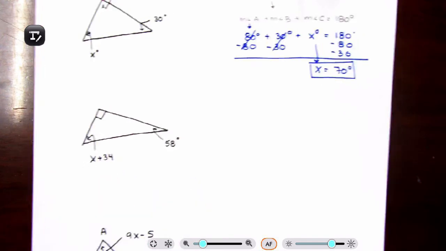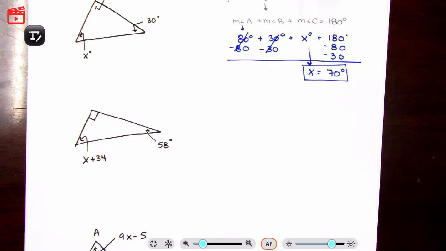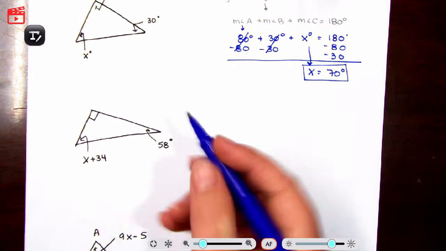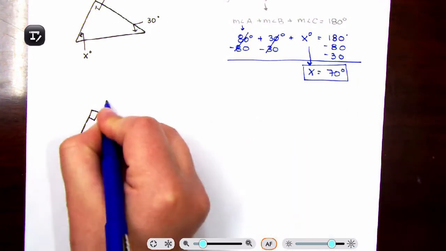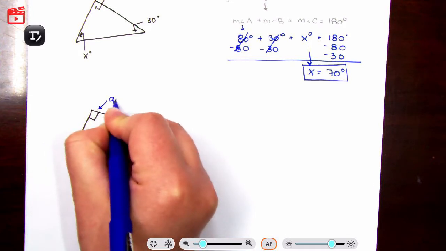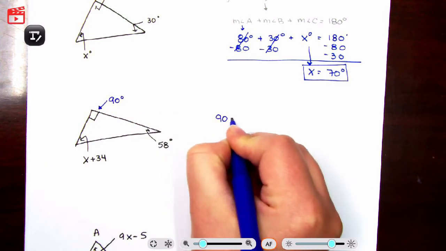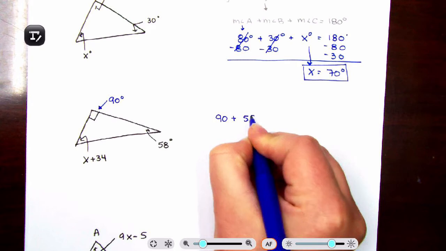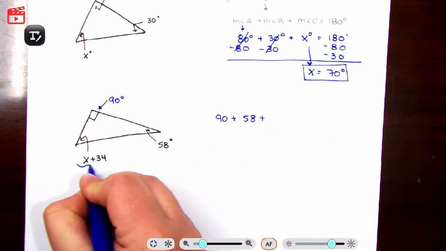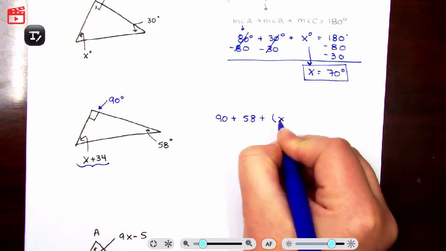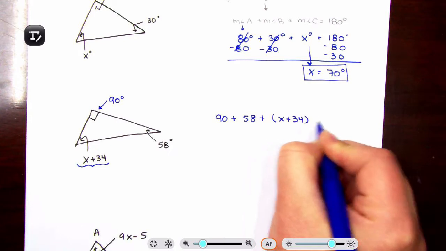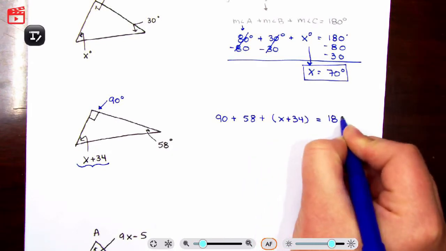But let's go ahead and check out what this is. Again, because of the angle sum theorem, I have a right angle, this is 90 degrees, 90 plus 58 plus, now we have this angle right here, which is x plus 34, and that's equal to 180 degrees.